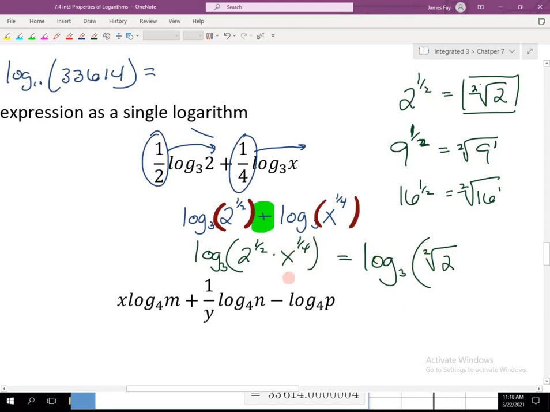What's this x to the 1/4 going to become? Fourth root of x. The denominator of the exponent is the number out front of the radical. It's the index. And then the numerator of the exponent is the power of the radicand. Okay? So those are the same thing.